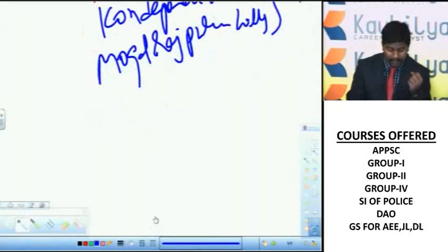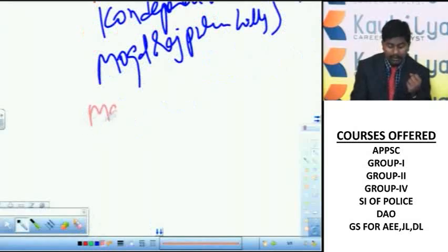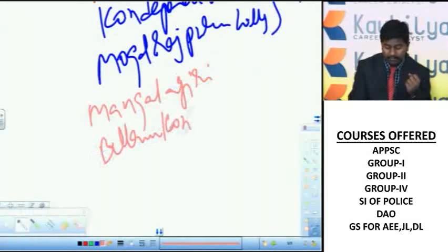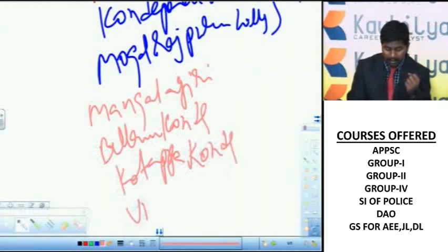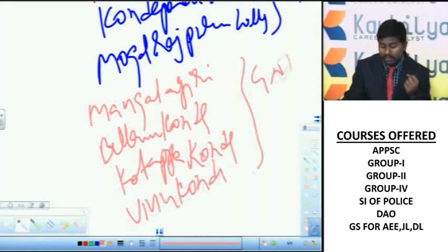And these are called Mangalagiri Hills. Then Bellamkonda, Kotappakonda and Vinukonda in Guntur district.